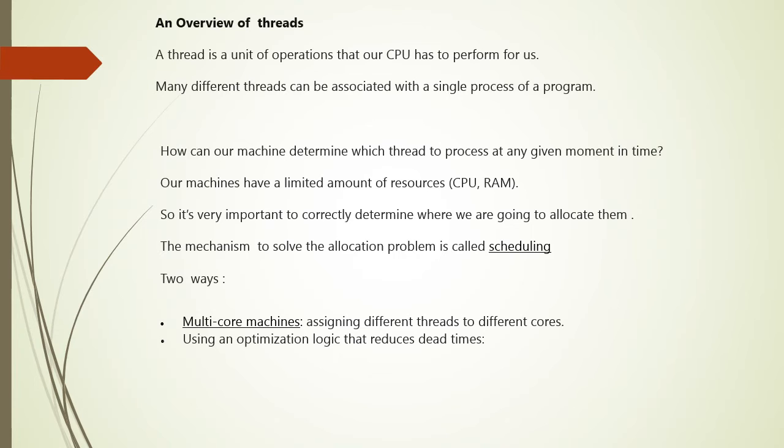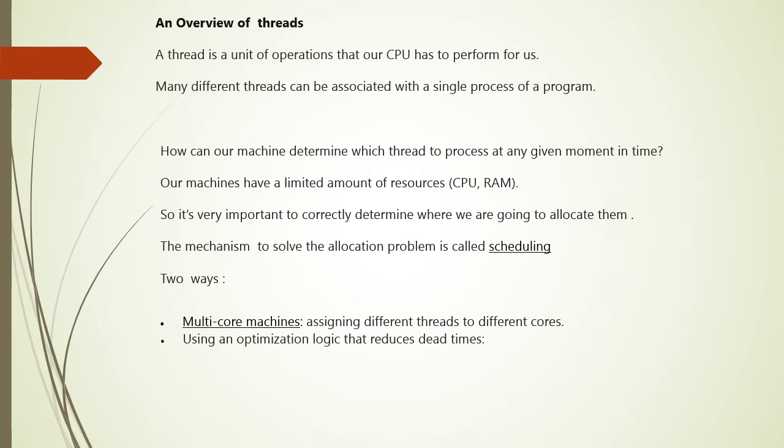Now consider, how can our machine determine which thread to process at any given moment in time? As we know, our machines have a limited amount of resources like CPU, RAM, etc. So it's very important to correctly determine where we are going to allocate them, or better, which operations take precedence over others.